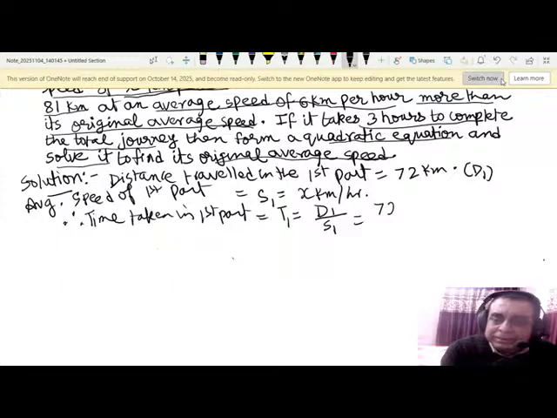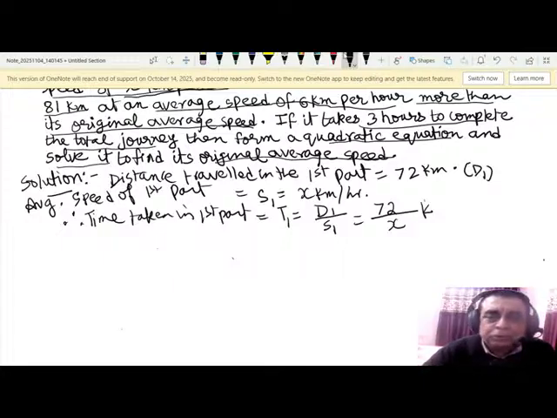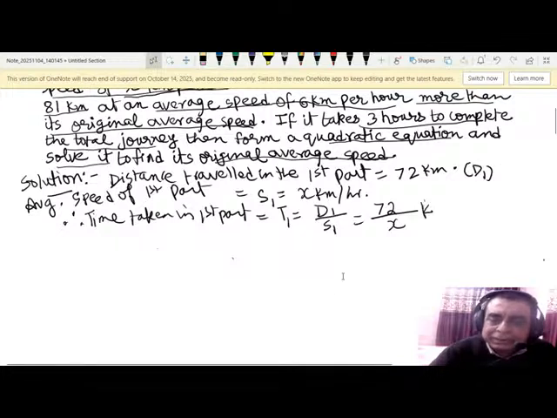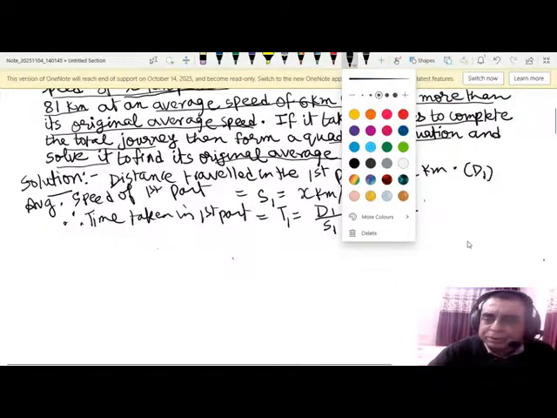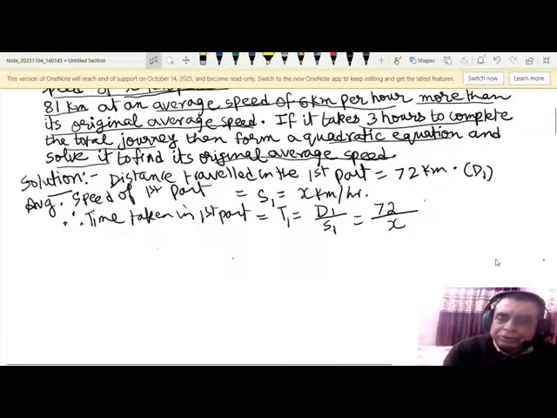So d1 is 72 kilometers, s1 is x, so it is 72 upon x hours. This is the time of movement in the first part.